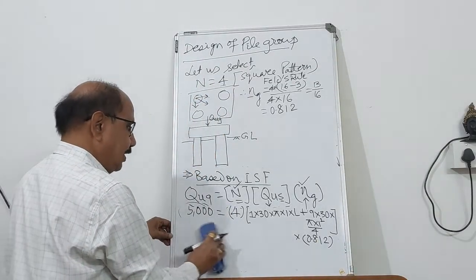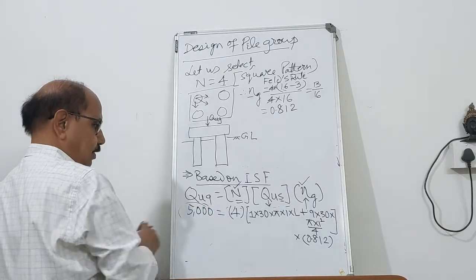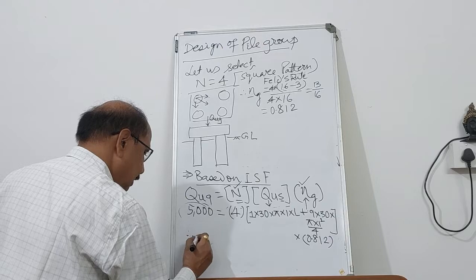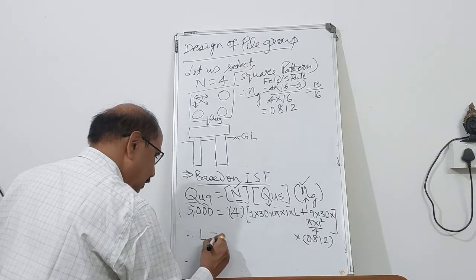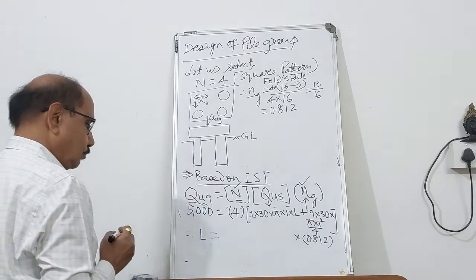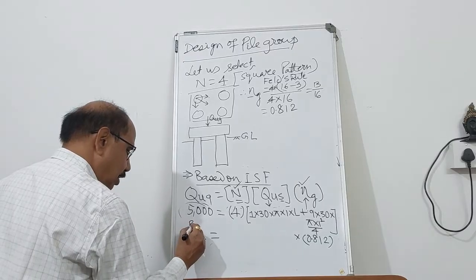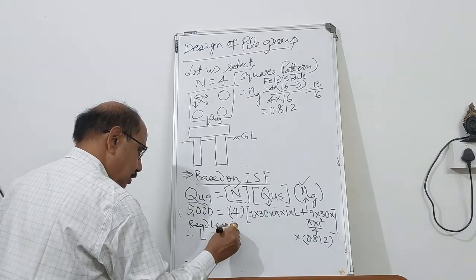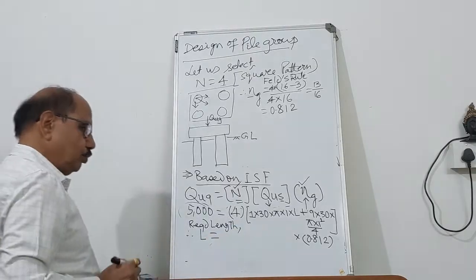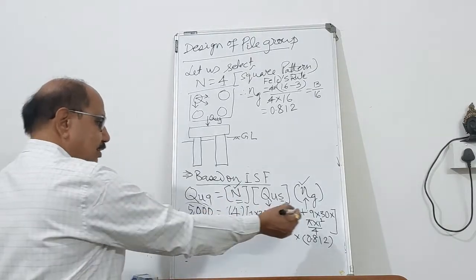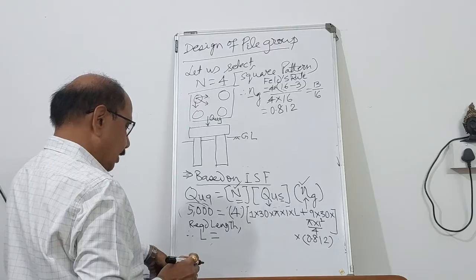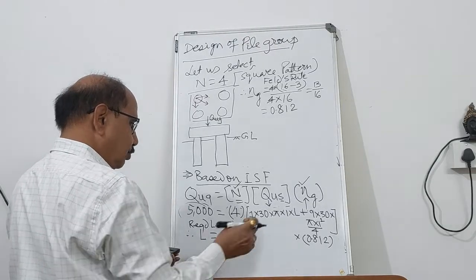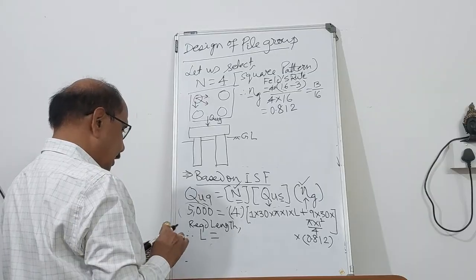So finally we are coming to this. Therefore, the required length L equal to, you can solve this equation and find it out. So how will you do that? Let's see that.